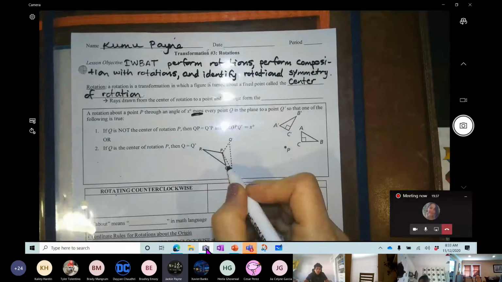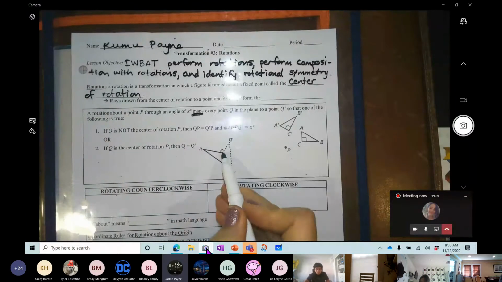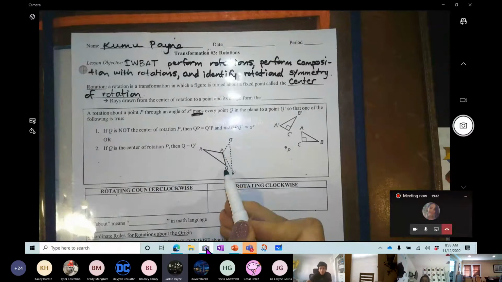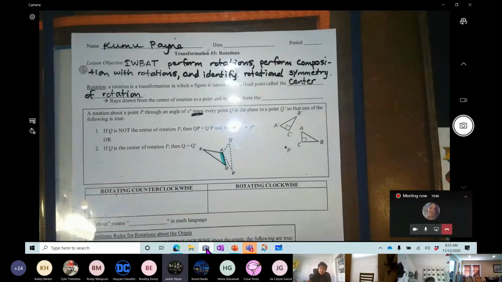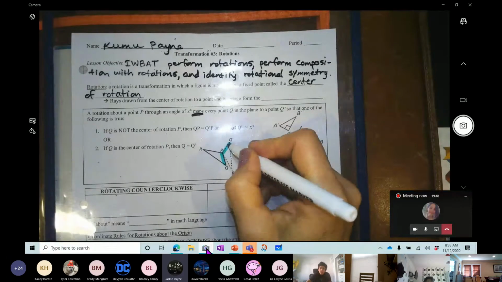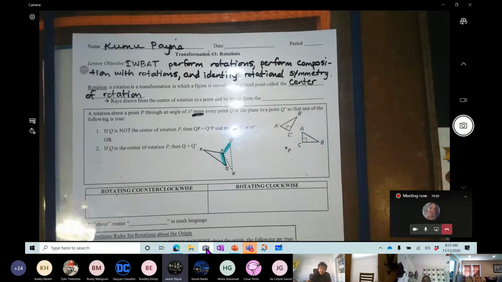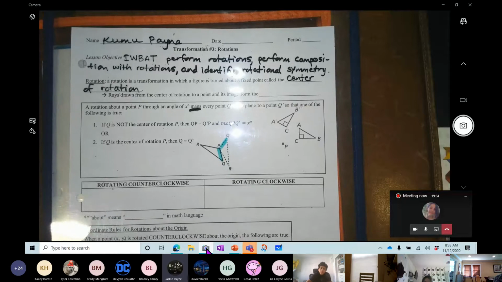So if Q is not the center, which is if we're going around P and Q is not the center, then QP is equal to Q prime P. Those two lengths are equal.